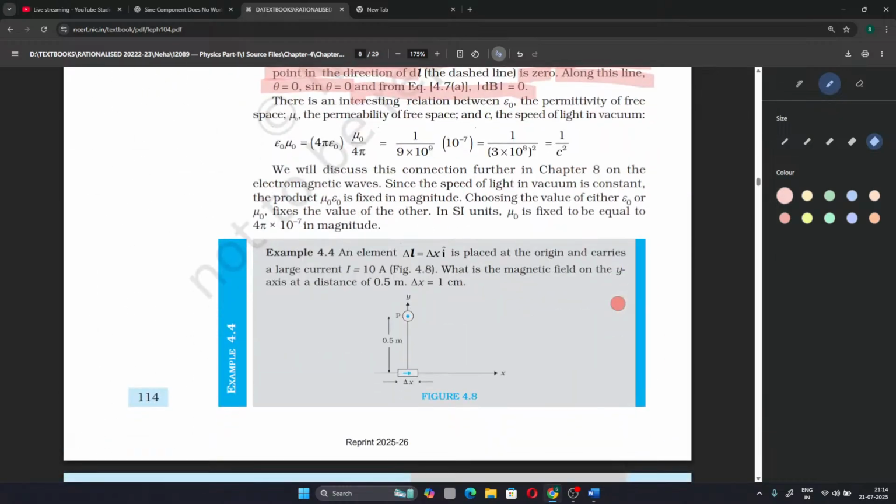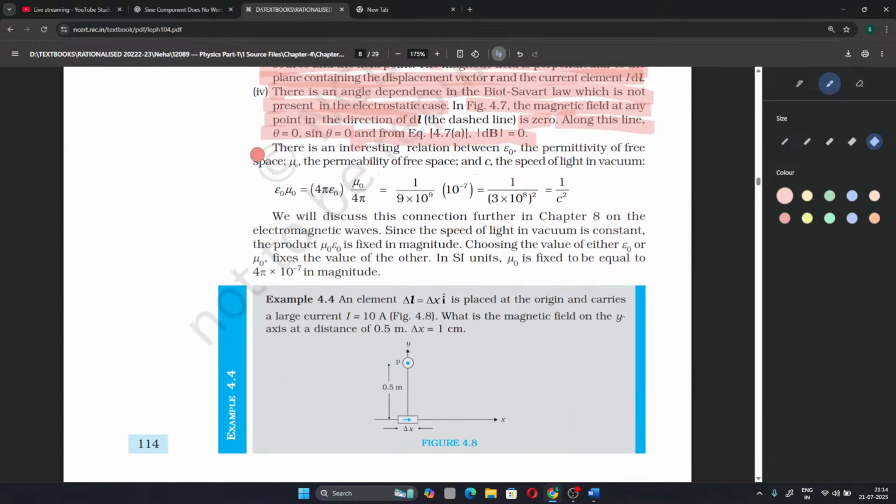Okay, let's continue. There is an interesting relation between epsilon naught, the permittivity of free space, mu naught, the permeability of free space, and c, the speed of light in a vacuum. Epsilon naught mu naught equals 4 pi epsilon naught times mu naught by 4 pi.